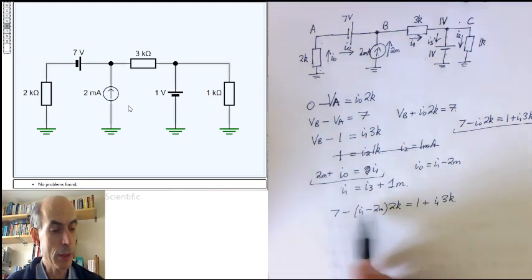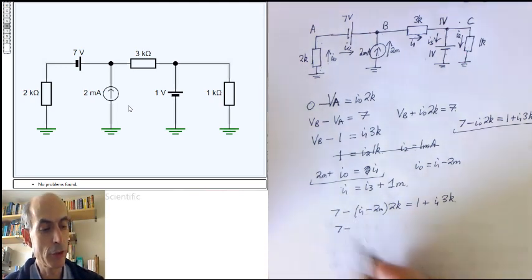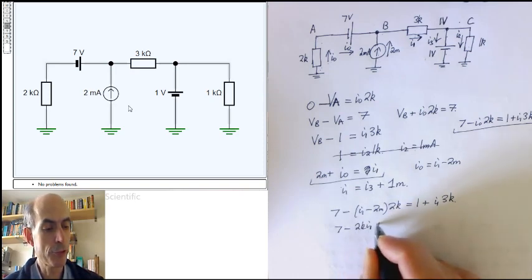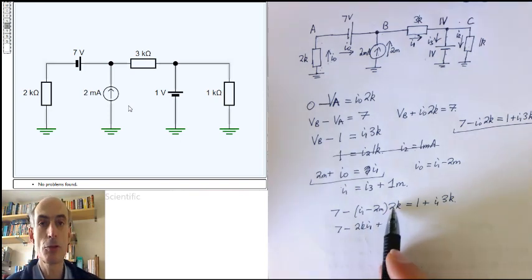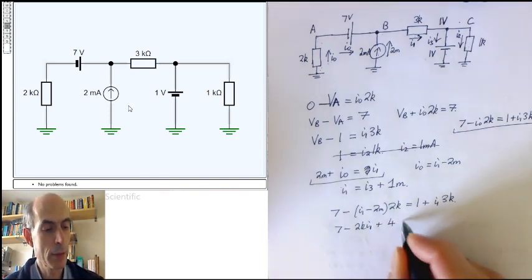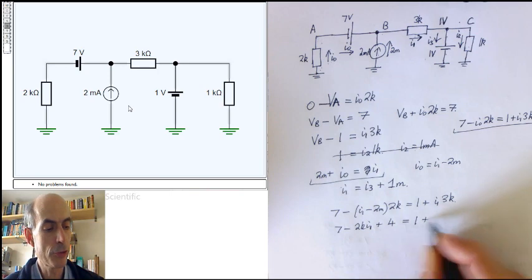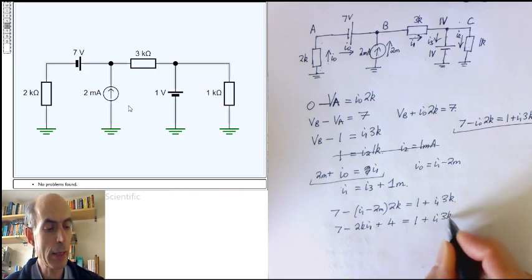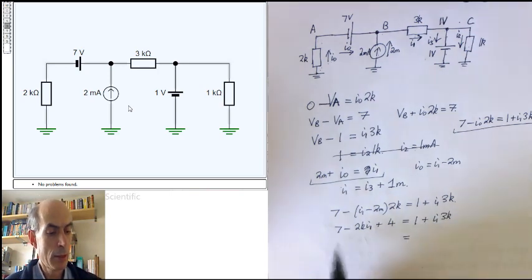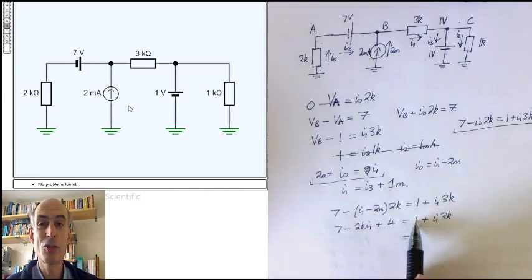Multiply out this bracket, we get 7 minus 2K times I1 plus 2 milli times 2K is just 4, equals 1 plus I1 times 3K. 7 plus 4 minus 1 is 10.